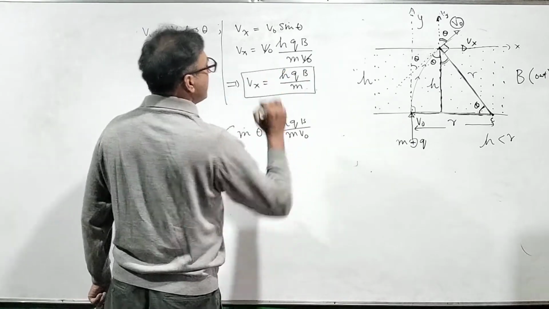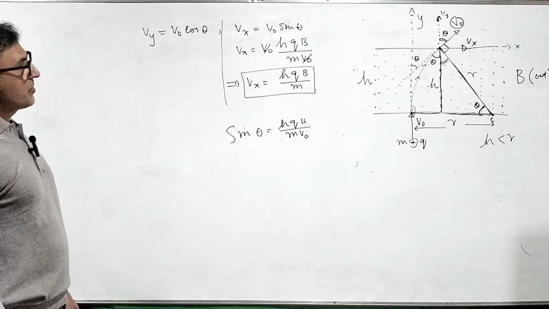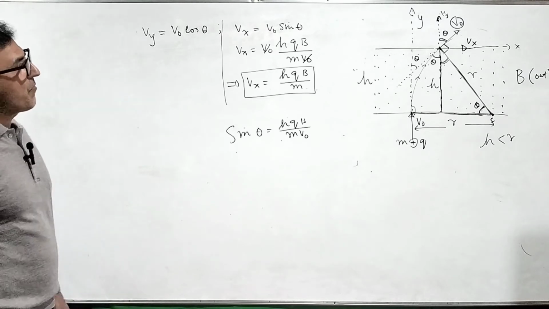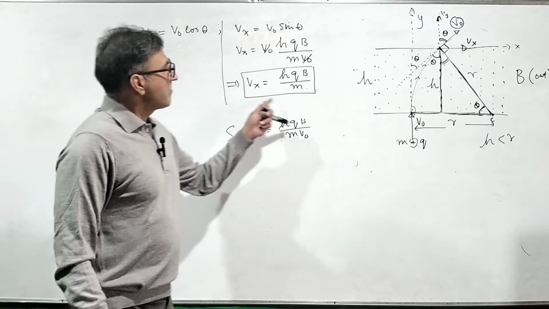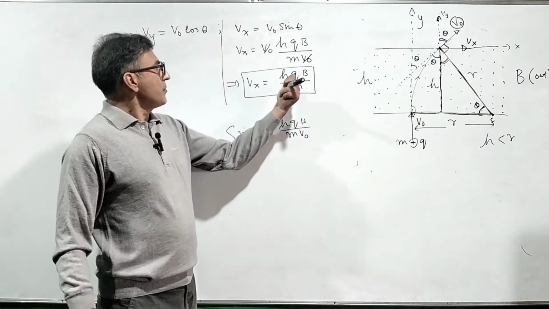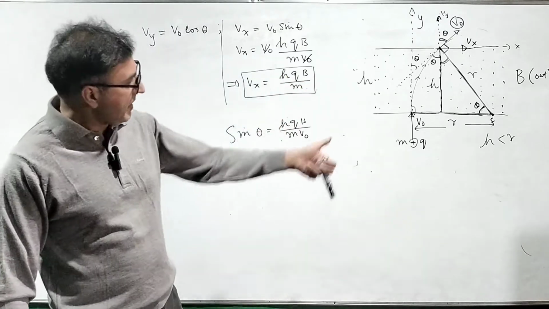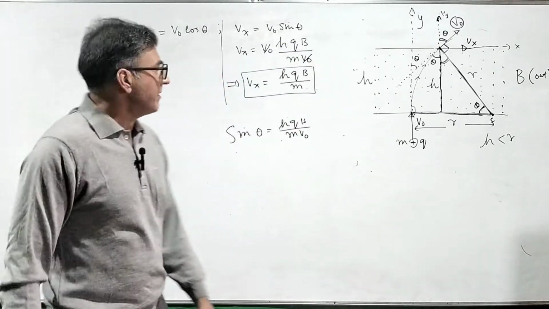Question easily done. This is the x component of the velocity when the charge emerges out of the field. All the parameters on the right side are given because they are defined in the problem itself.